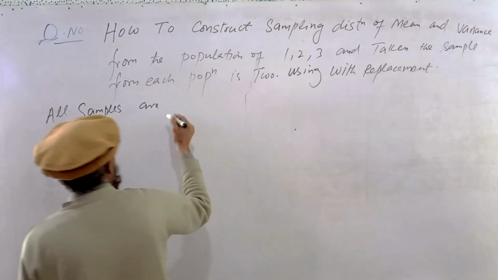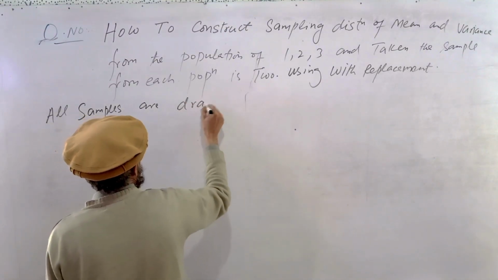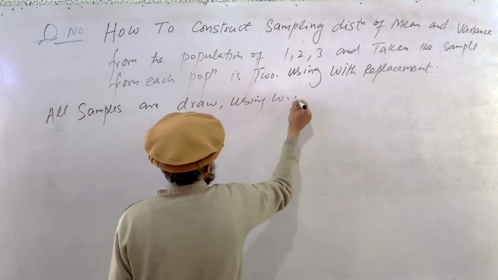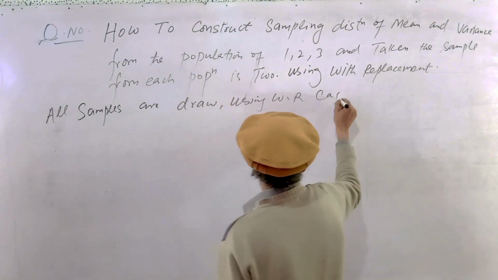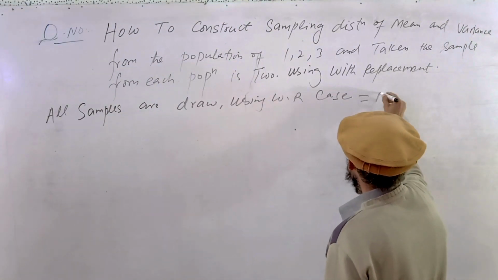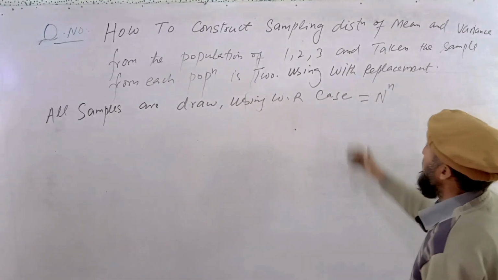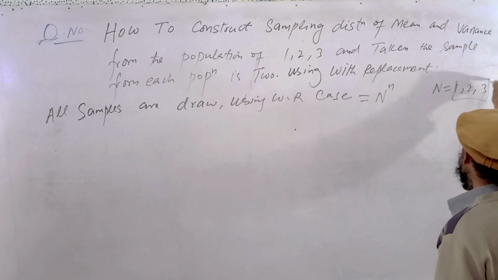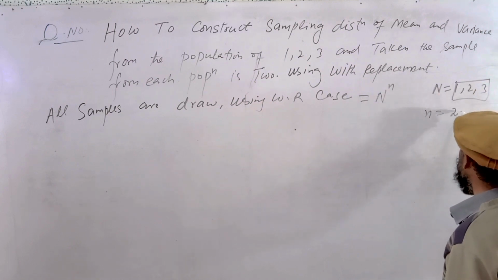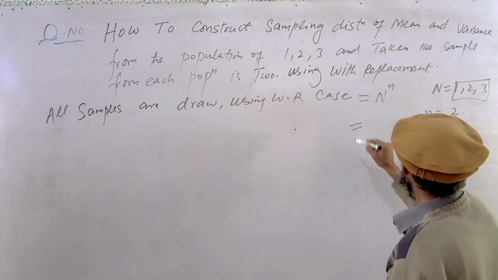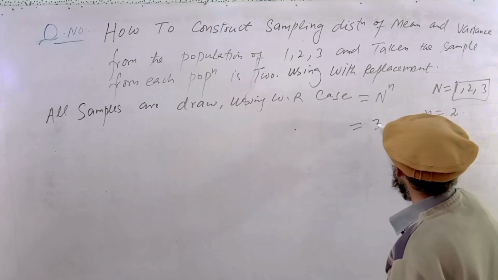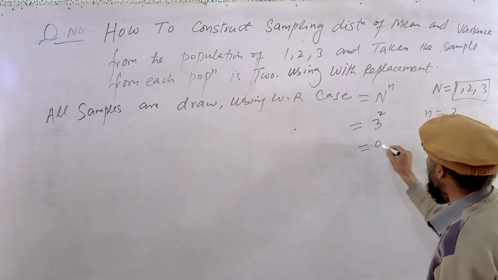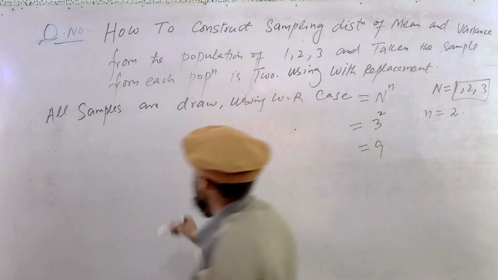All possible samples are drawn using with replacement, that is N to the power n. Here the population is N equal to 3 and sample size n is 2, so 3 power 2 gives 9. Nine is all possible samples.